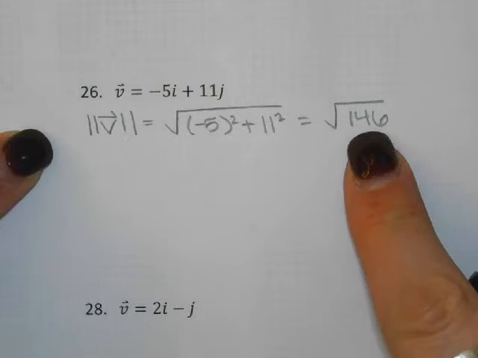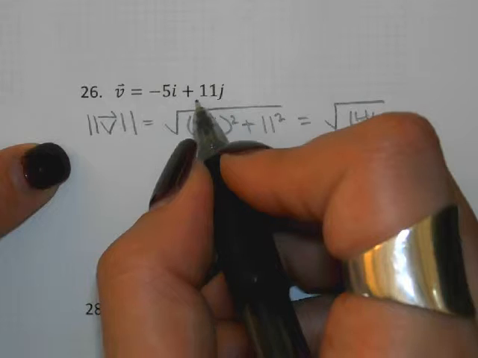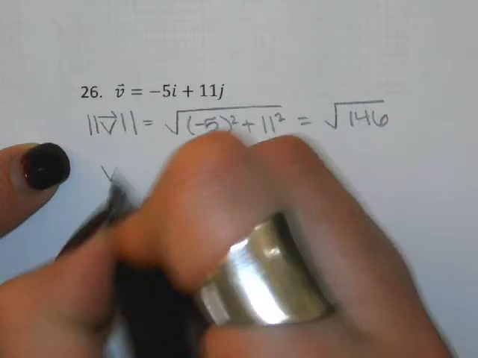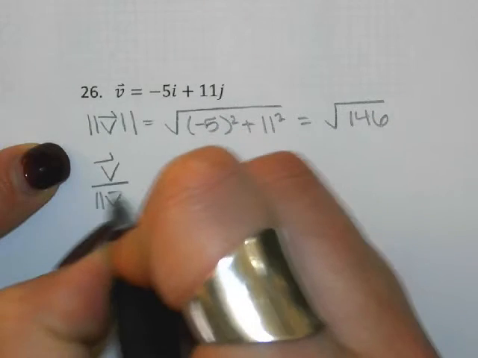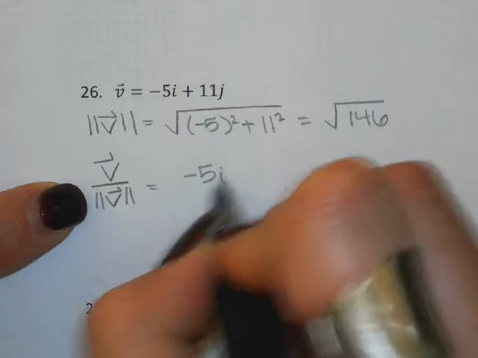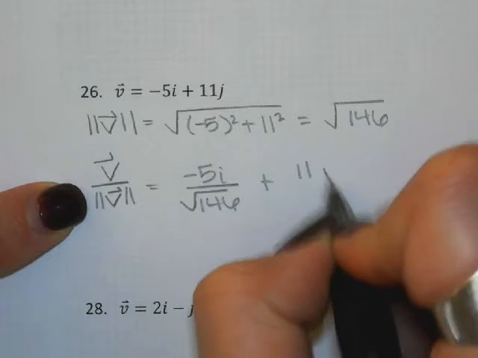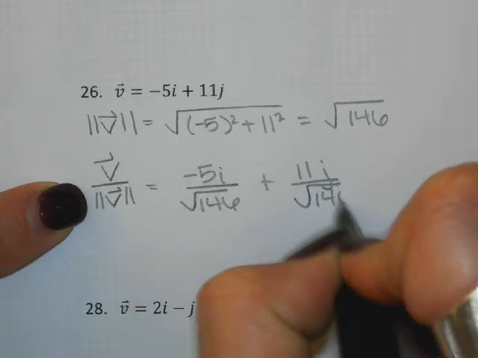Okay, 146, perfect. And so now we're going to keep the notation the same. So we're still going to do i's and j's. So I'm going to say the unit vector is negative 5i over the square root of 146 plus 11j over the square root of 146.